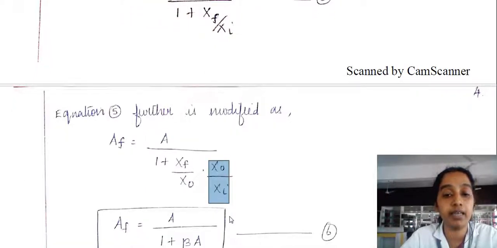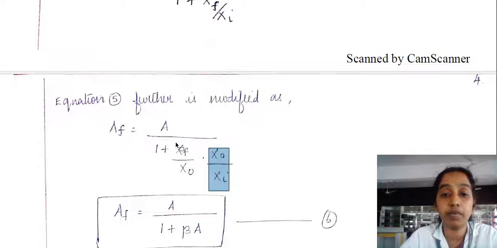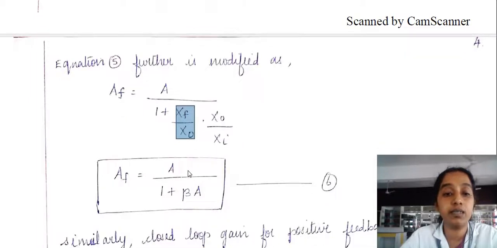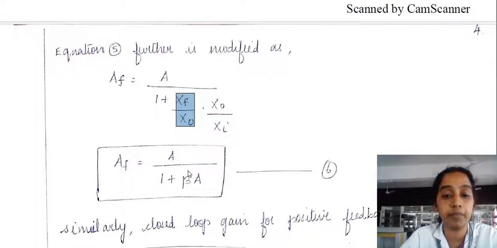It is A. And what is Xf by X naught? Output is from the feedback, input is from the output, so we can replace it with beta. Now this is the closed loop gain, or the gain with feedback, for the negative feedback amplifier. So here we get AF as A by 1 plus beta A.